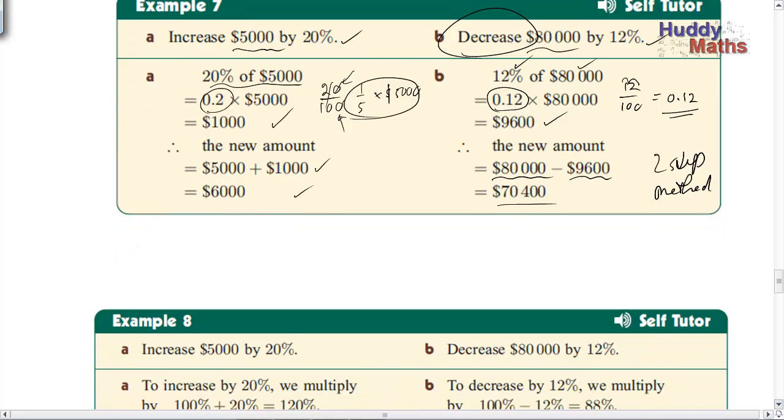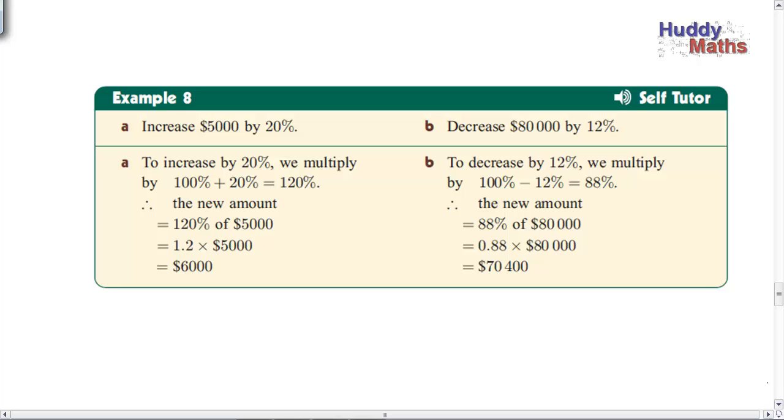Come down now and let's have a look at this one. This is the one-step method. Increase 5,000 by 20%. We increase by 20%, so it's 120%. So what is 120% as a multiplier? It's 120 out of 100.